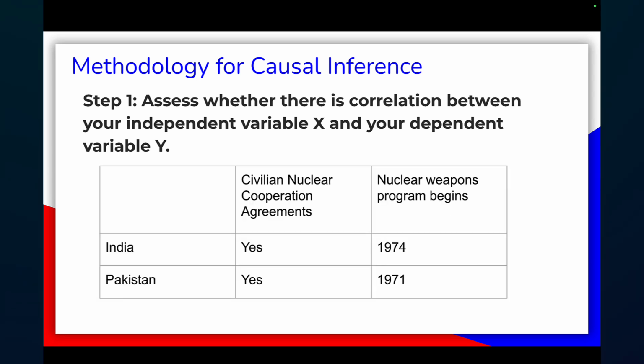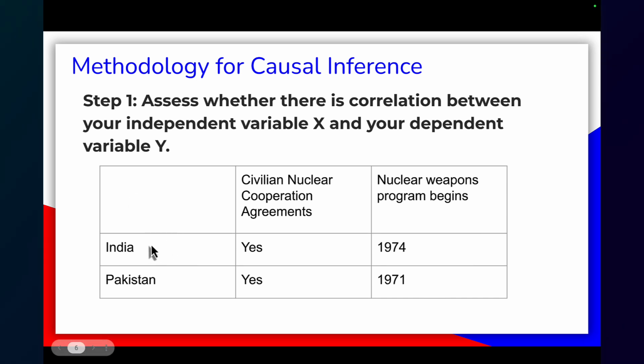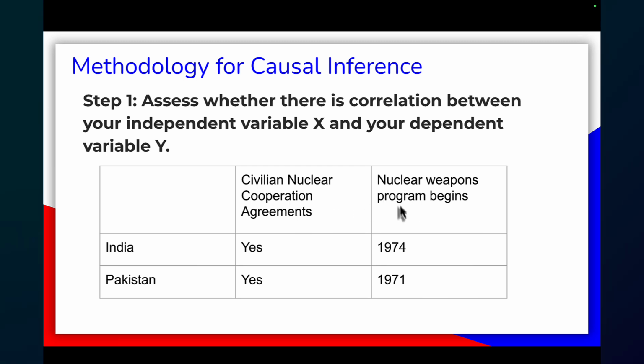Okay, your reading for today is the Furman reading, which we keep referring back to. They're examining India and Pakistan. And if you recall, Furman argues that civilian nuclear cooperation agreements will ultimately lead to nuclear weapons programs starting.